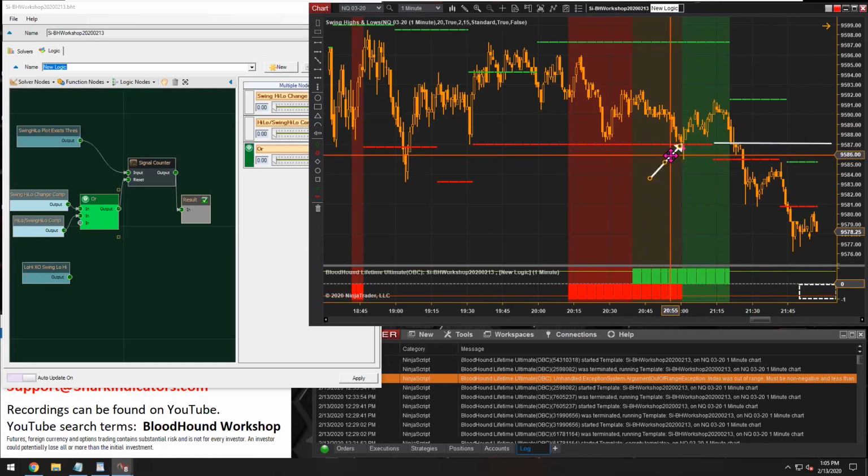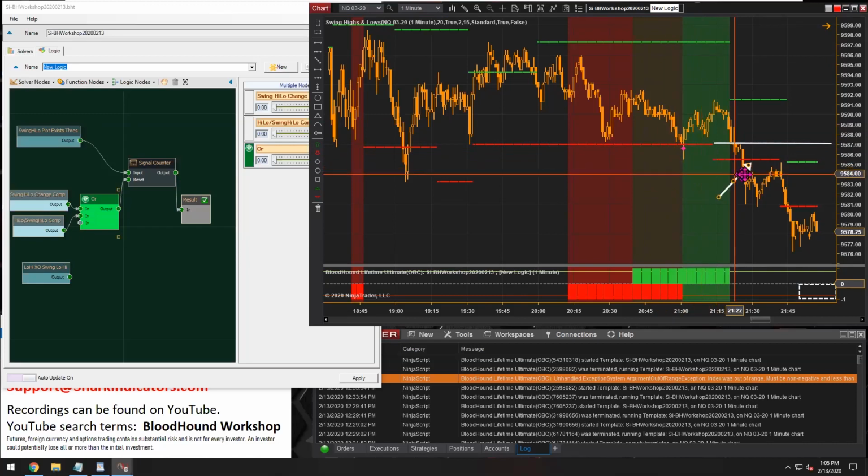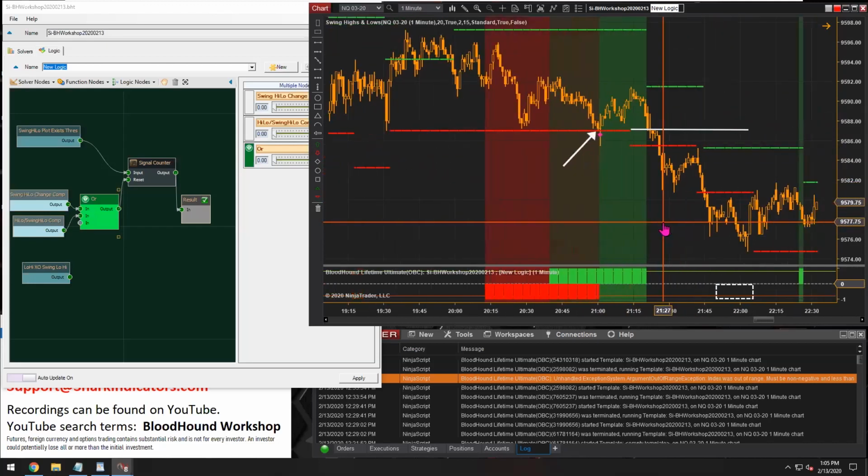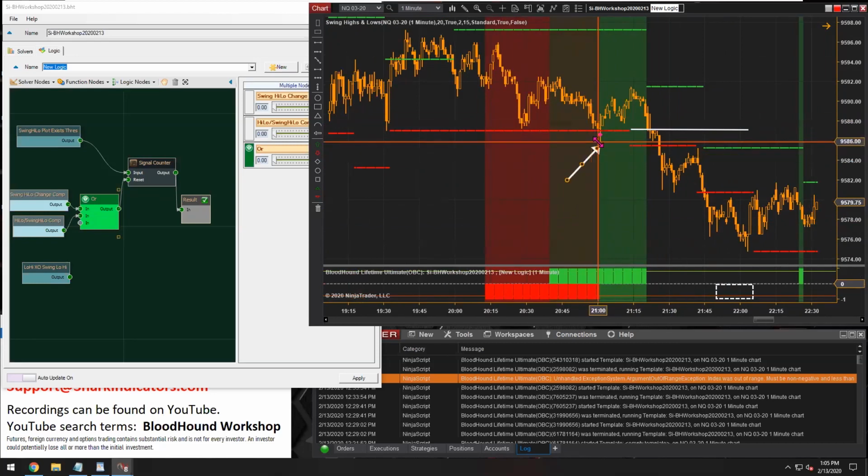But of course, because a new low is made, X number of bars later, this new low will be identified, and so we actually get a new swing low. So what I was thinking might happen actually never will happen, just because of the nature of a swing low indicator. So we don't have to worry about that.